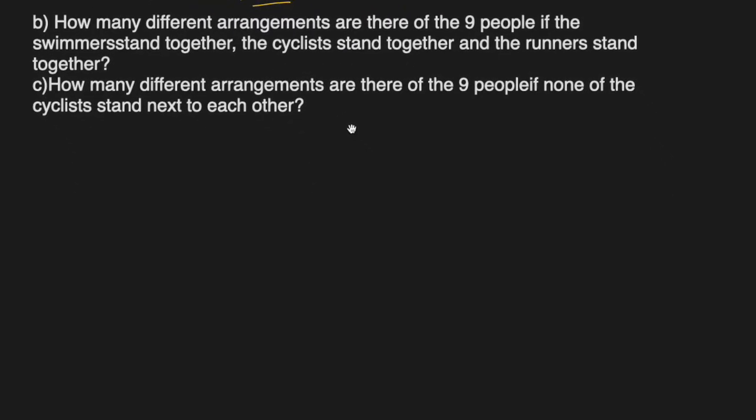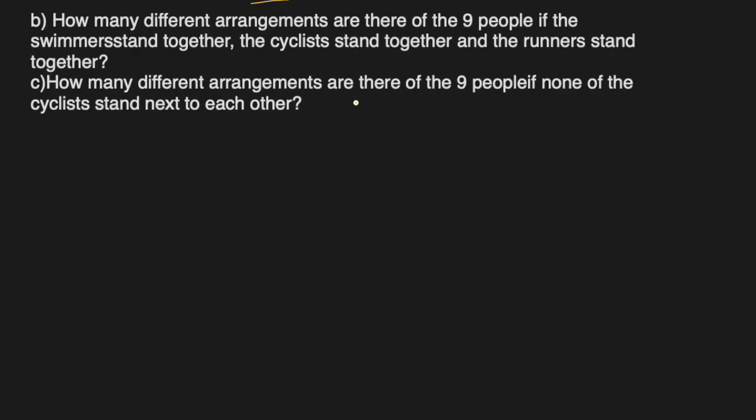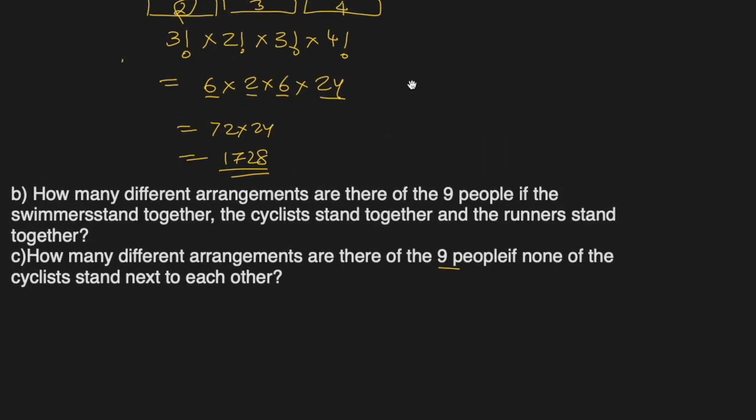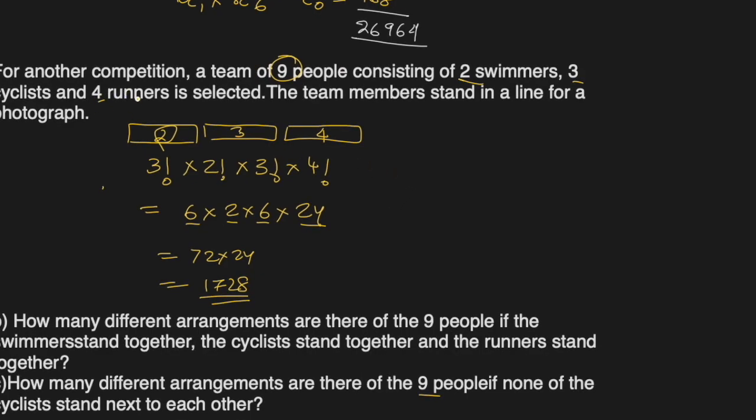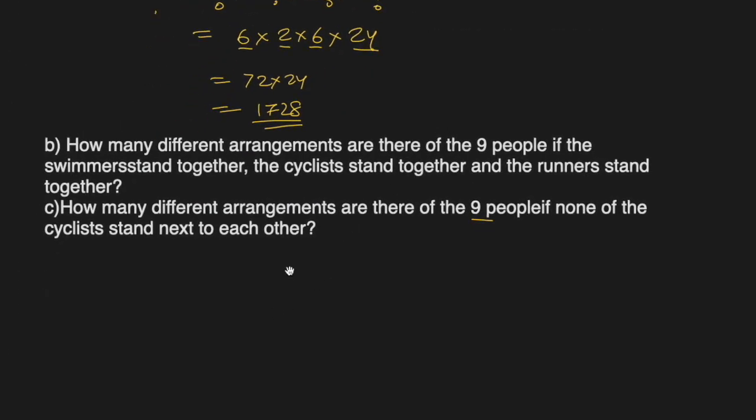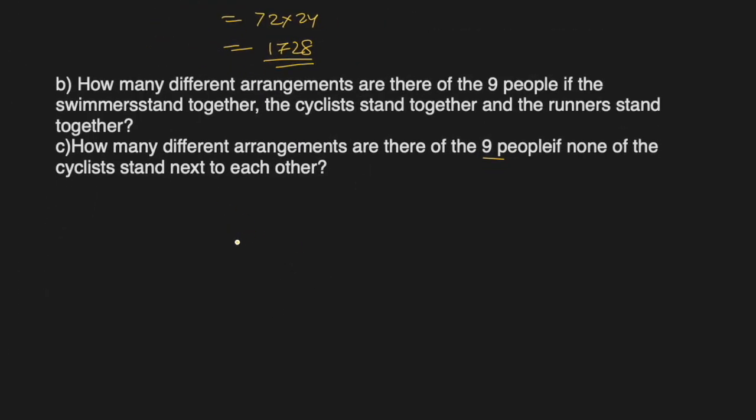Alright, part C. How many different arrangements are there of 9 people if none of the cyclists stand next to each other? So how many cyclists were there? 4 runners, 2 swimmers, 3 cyclists. They are not together. Okay. So we have a total of 9 people, right? 3 of them are cyclists, and we don't want them to stand together.